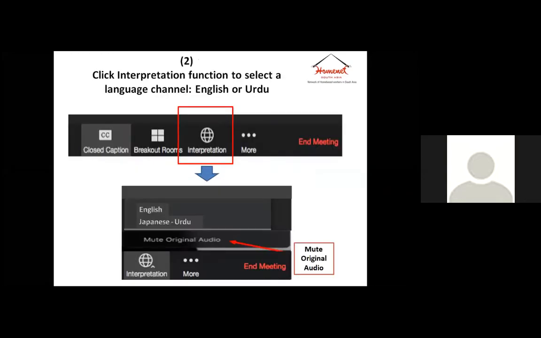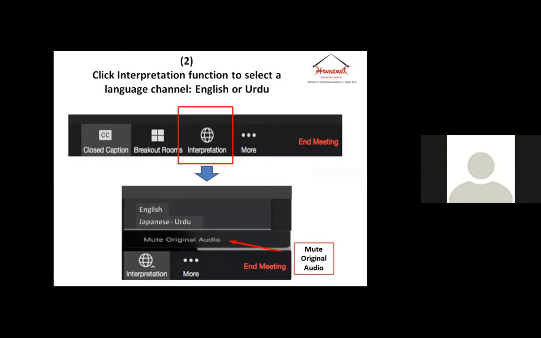The next important function is the interpretation function. On the bottom of your screen, far right, you will see a globe icon, which says interpretation, as shown here encircled with the red box. Once you click on the box, it will show you two audio channels. One is English, the other one is Japanese, but that is for Urdu language.